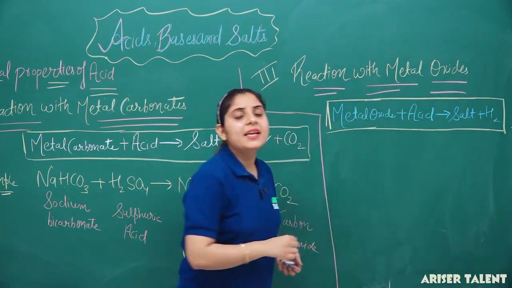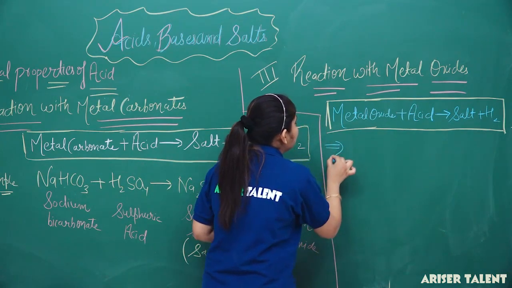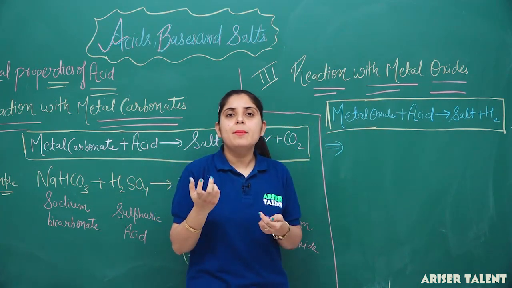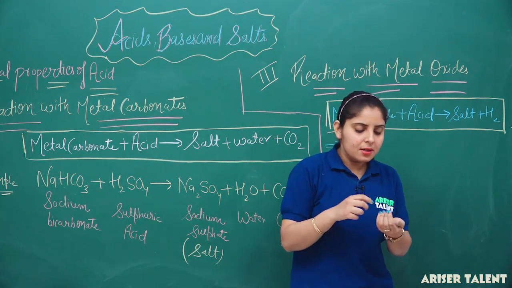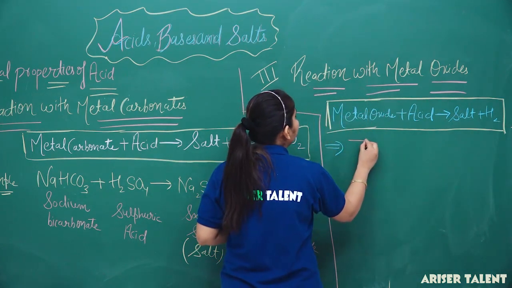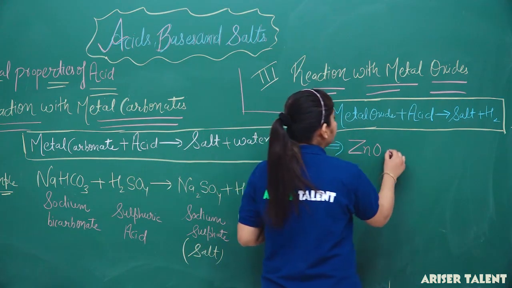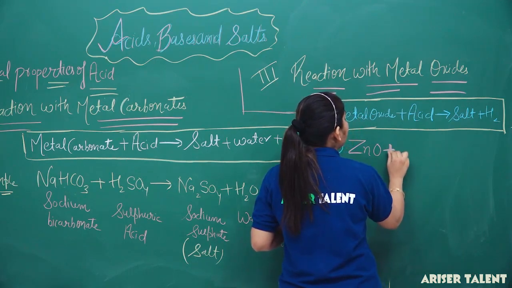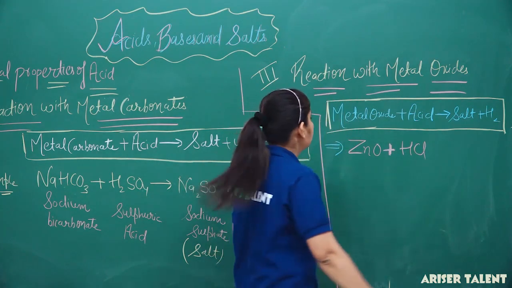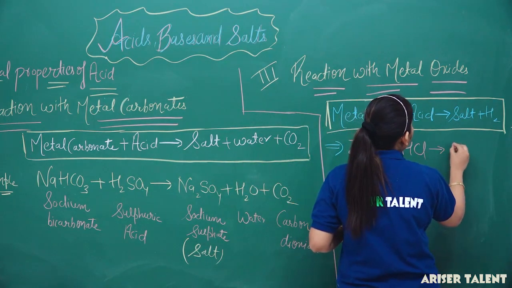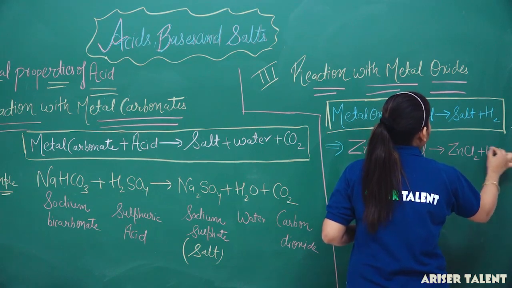Now we will take an example for understanding this. Suppose I am considering zinc oxide. Zinc oxide is an oxide of zinc, and what we will have? ZnO. Now zinc oxide is going to react with HCl. So what we will get in the product side? We will get ZnCl2 plus H2O.